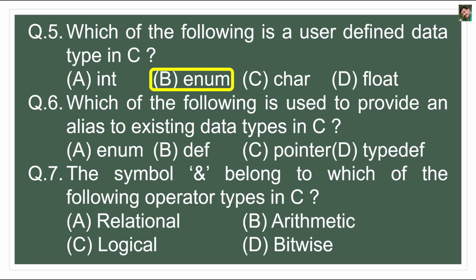Question number 6. Which of the following is used to provide an alias to existing data types in C?